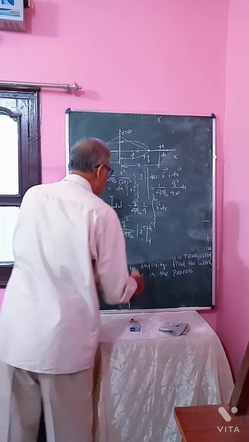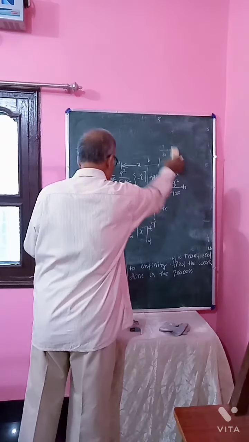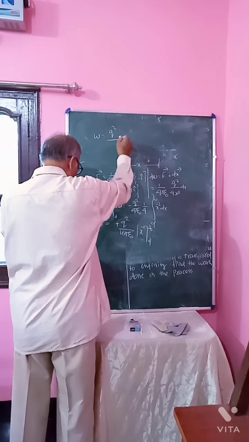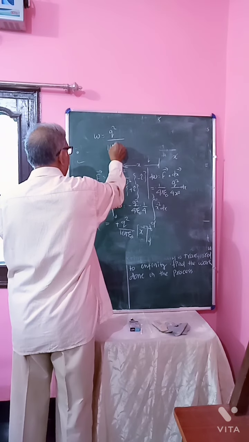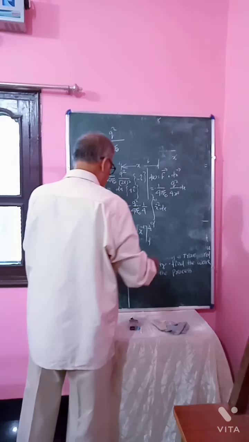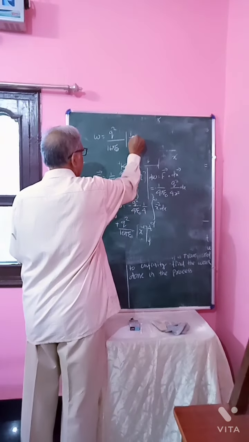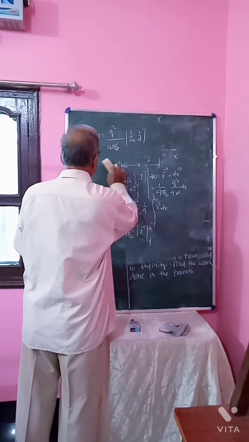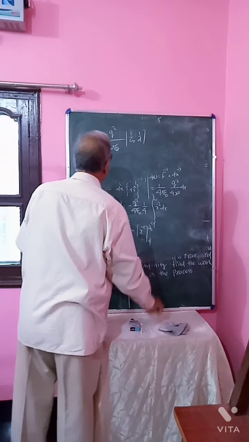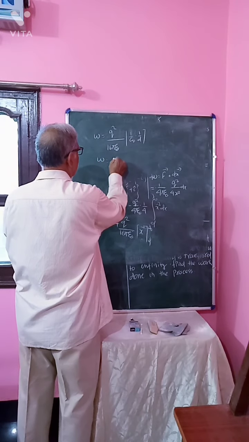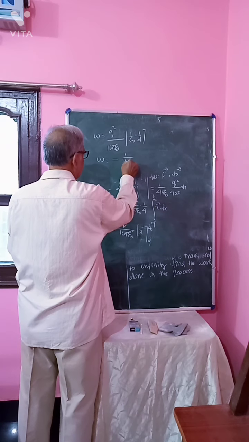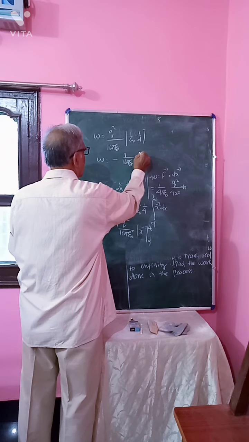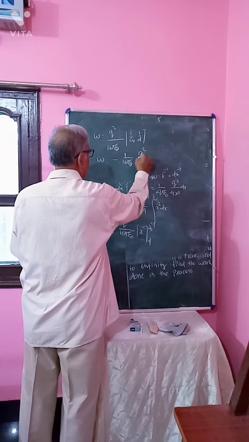As a result, the work done is equal to q square divided by 16 pi epsilon 0, into 1 by infinity minus 1 by d, or work is equal to minus 1 by 16 pi epsilon 0 q square by d.